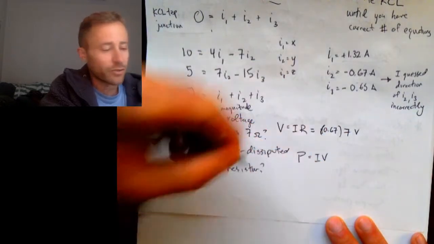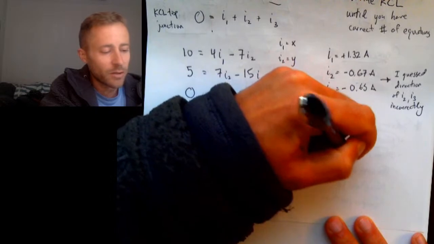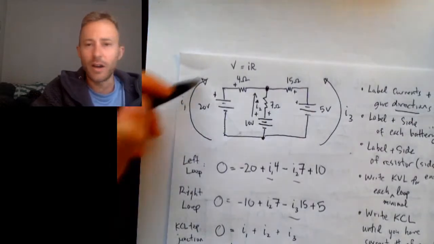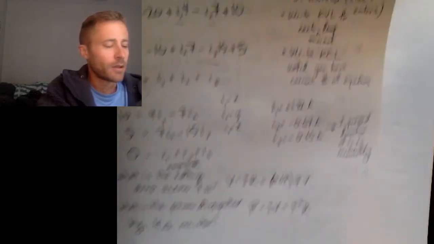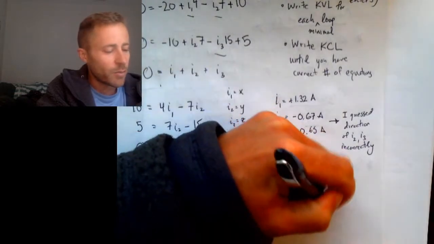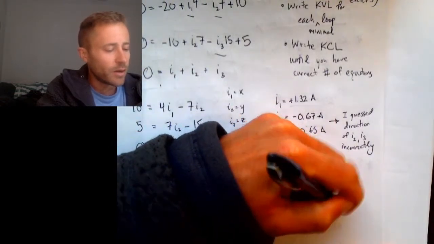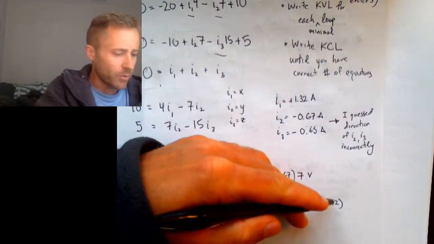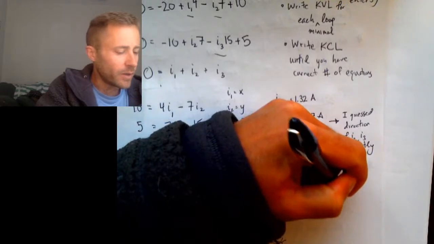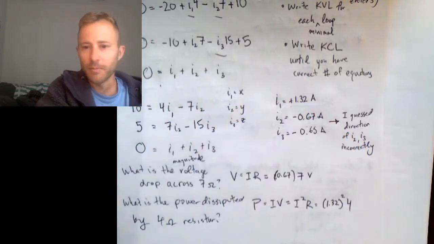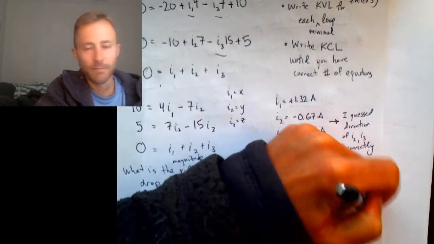V is IR, so the power is actually I squared R. And this 4 ohm resistor is experiencing the current I1. So I1 is 1.32, so I have 1.32 squared times its 4 ohms, so times 4. So that many watts of power.